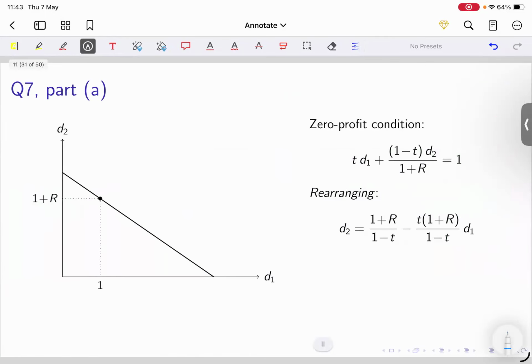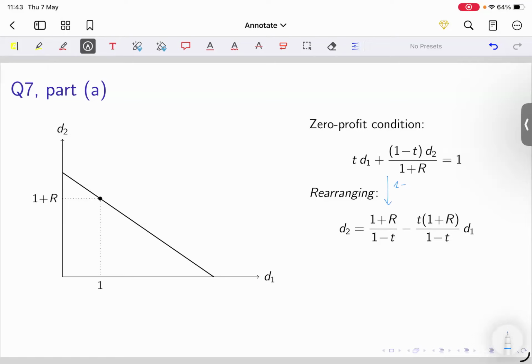Unsurprisingly, we are still in this two-dimensional space, with D1 on the horizontal axis and D2 on the vertical axis. What I have depicted here, the straight line, is just my zero profit condition rearranged. I'm just isolating D2. So let me subtract TD1 from both sides.